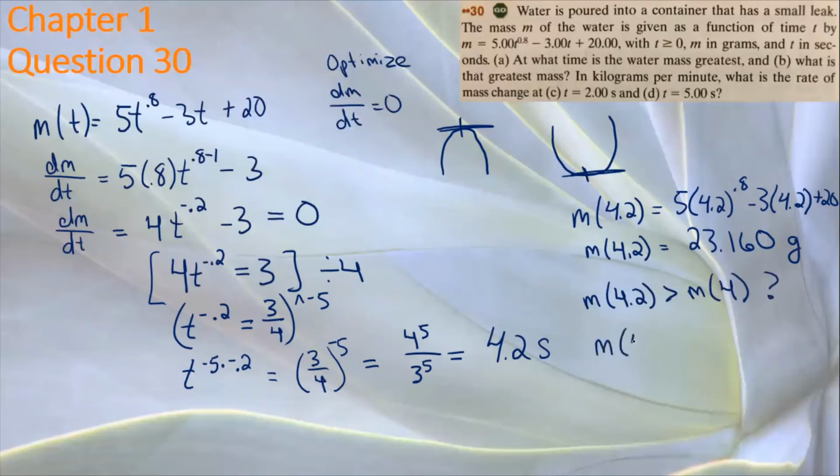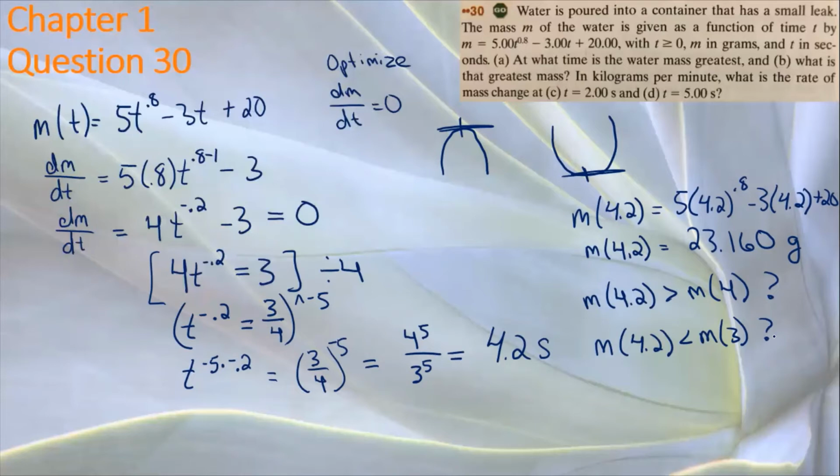And we want to check if it's greater than the mass at 3 seconds. If both of these hold true, then we know this is a maximum because the point 4.2 is higher than both of its surrounding neighbors.